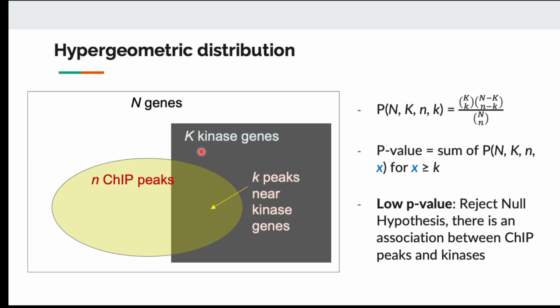You have a different number of translation elongation genes, and you have a different number of peaks from the ChIP-seq that are located near those genes. So your capital K and small k will change based on which gene function you are focusing on. But the analysis will stay the same. You just plug in the numbers and you get the p-value.